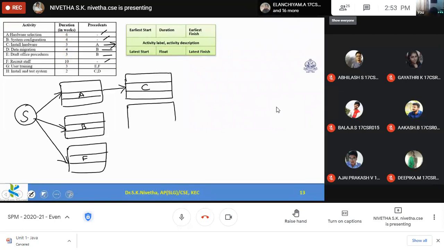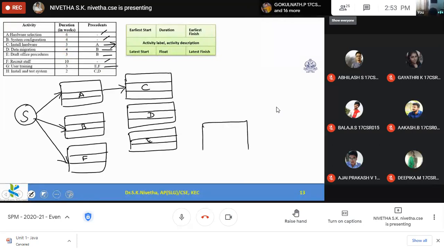So D and E. These two are started. Now after E and F, G can be started. So here I can start G. And after C and D, H can be started.